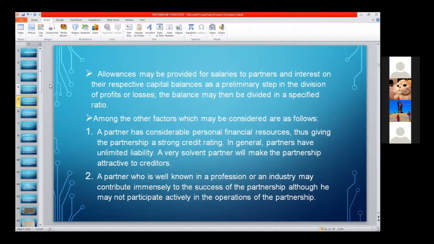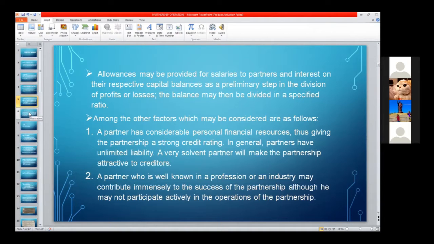Among the other factors which may be considered are as follows. Number 1, if a partner has considerable personal financial resources, thus giving the partnership a strong credit rating. In general, partners have unlimited liability. A very solvent partner will make the partnership attractive to creditors.